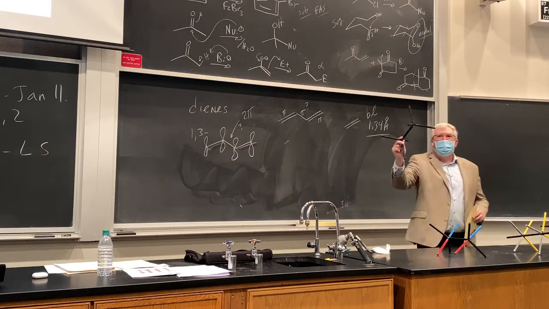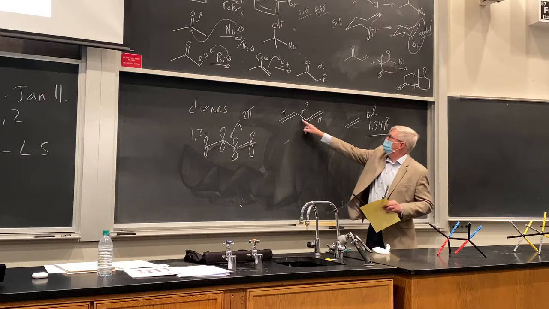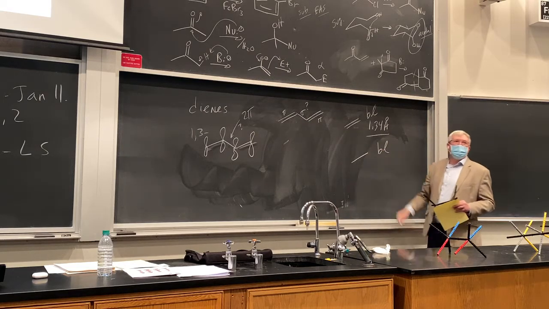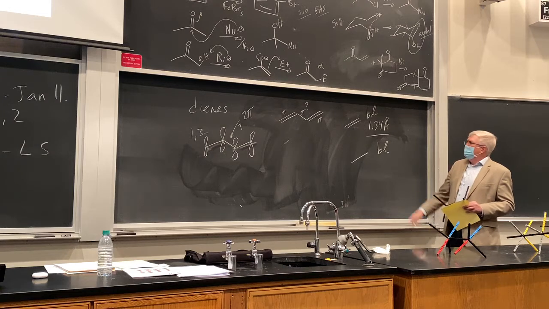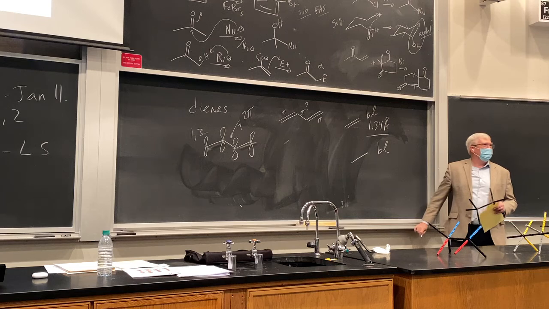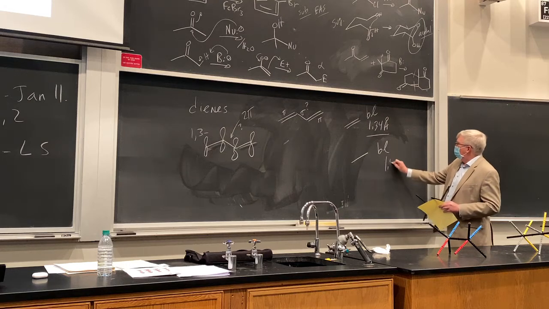Well, what about an alkane? If this thing has sigma bond character, what's the bond length of a typical alkane, sp3? Anybody help us out? Higher or shorter than 1.34? Longer or shorter? Longer? Yeah, what is it, 1.54?